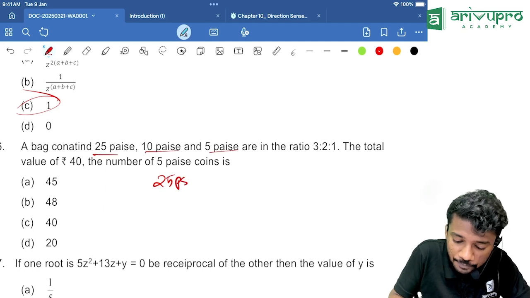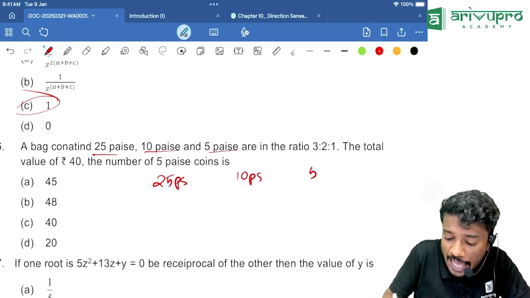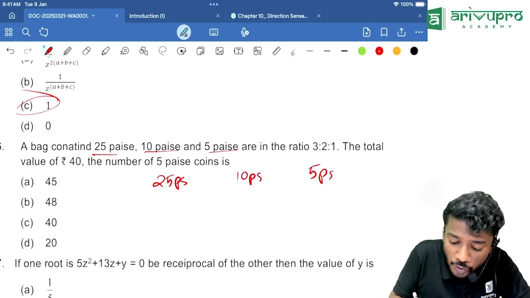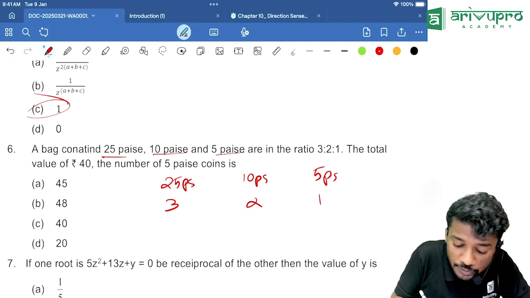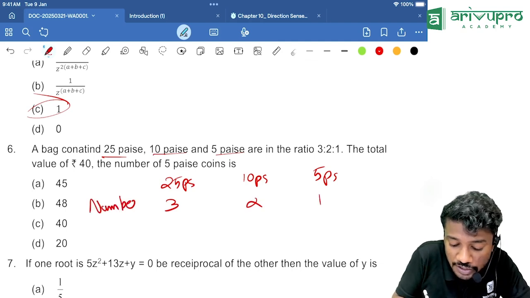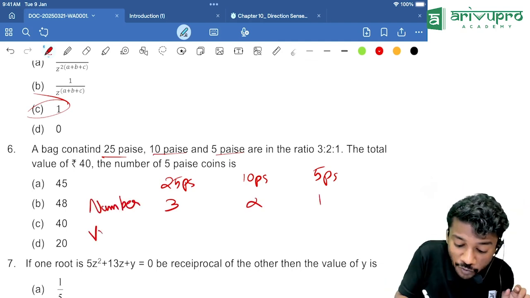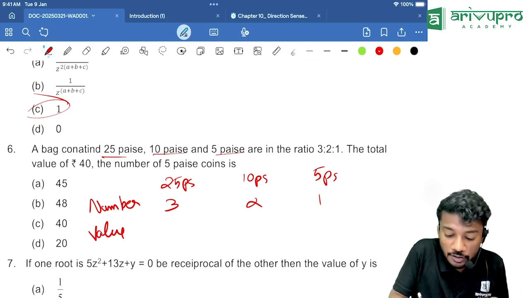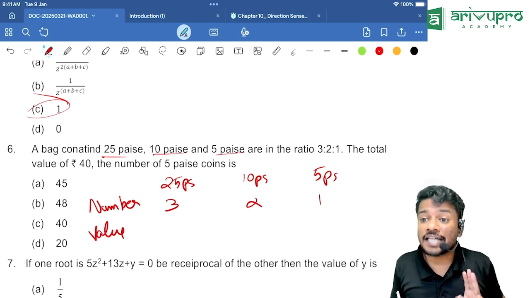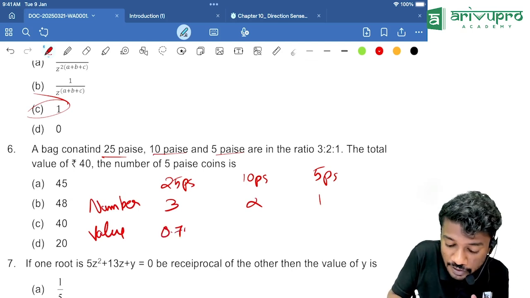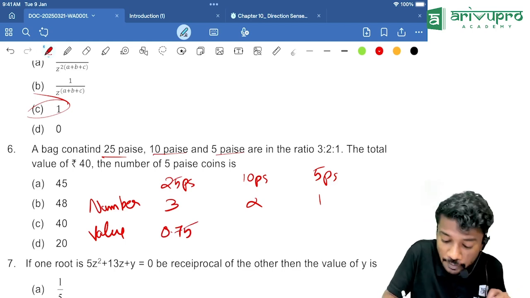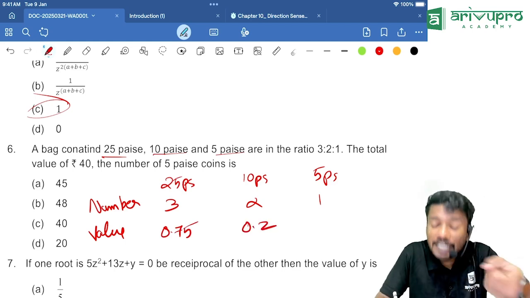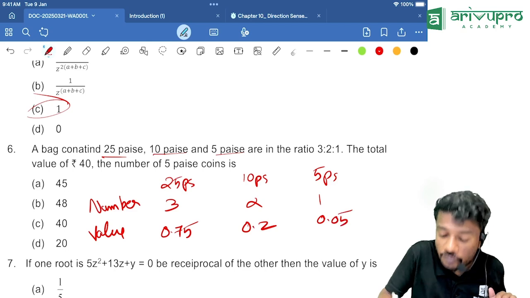Next one. A bag contains 25 paise, 10 paise and 5 paise coins in the ratio 3 is to 2 is to 1. So their numbers are in the ratio 3 is to 2 is to 1. Their value will be what then? 25 paise is 0.75, 10 paise will be 0.2, 5 paise will be 0.05.